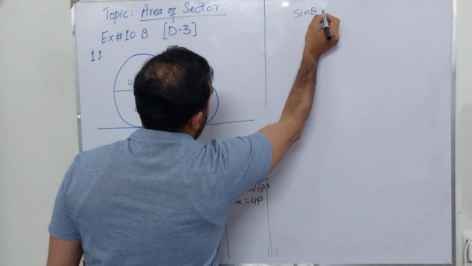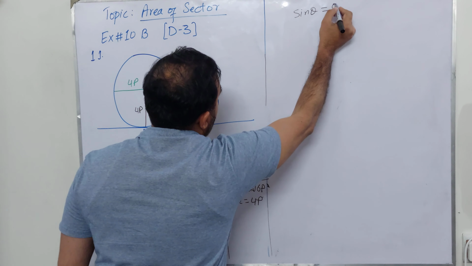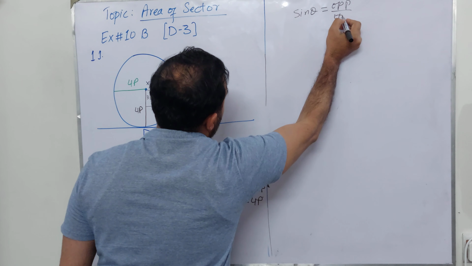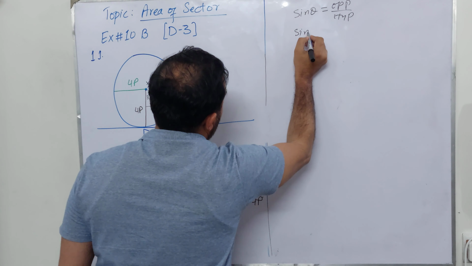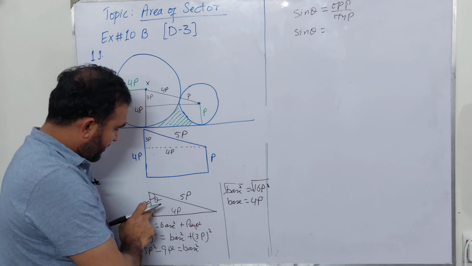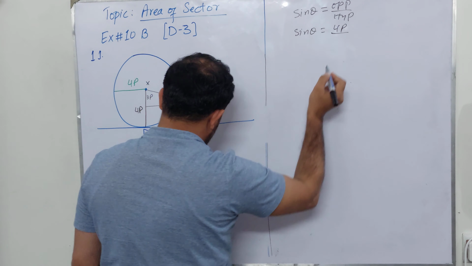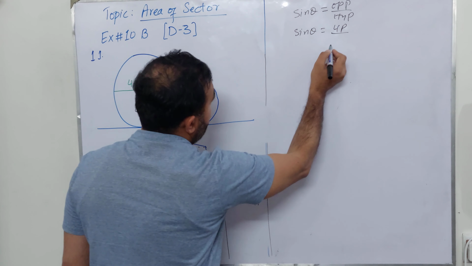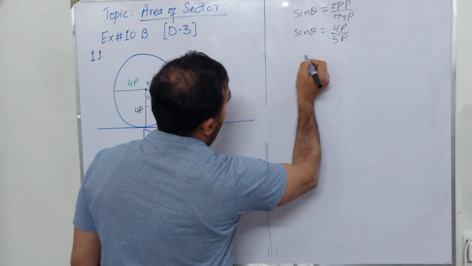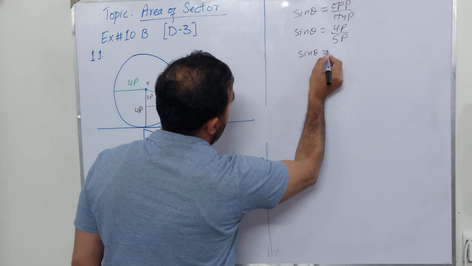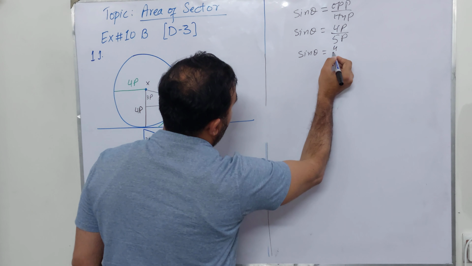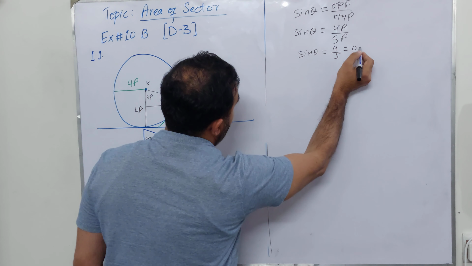Sine theta is equal to opposite divided by hypotenuse. So sine theta, the side opposite this angle is 4p and the hypotenuse is 5p. So sine theta is equal to, p cancels, 4 by 5, which is equal to 0.8.